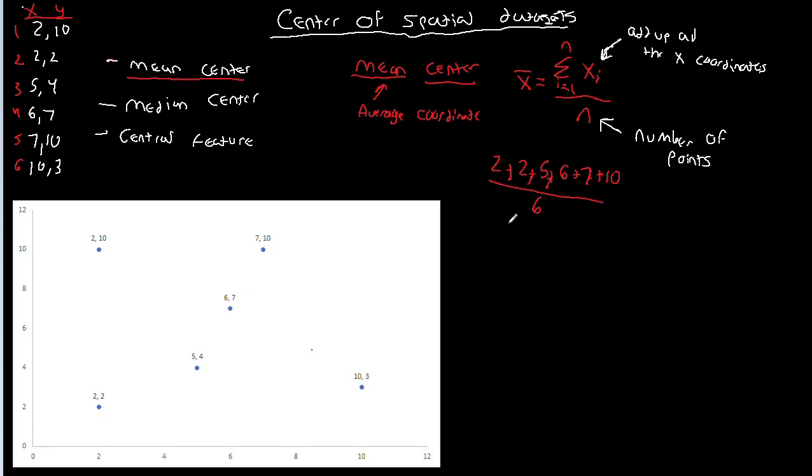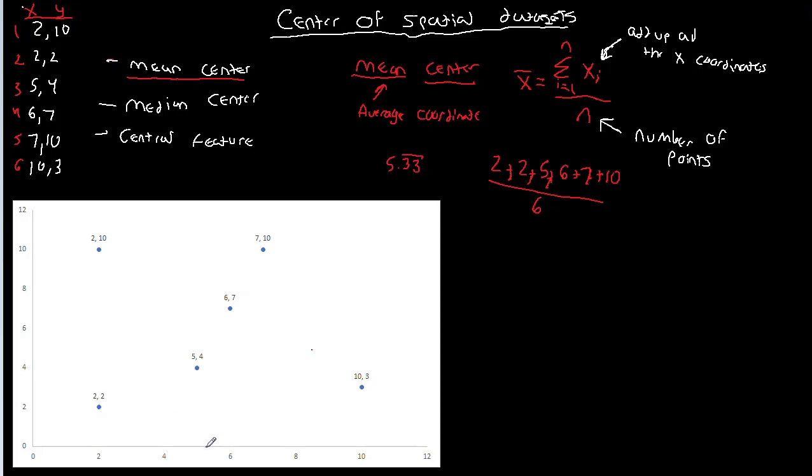If you do the math on that, you end up with a mean x coordinate of 5.33 repeating. So let's find where 5.33 is on our little graph. It's going to be slightly past 5, so it's going to be here.